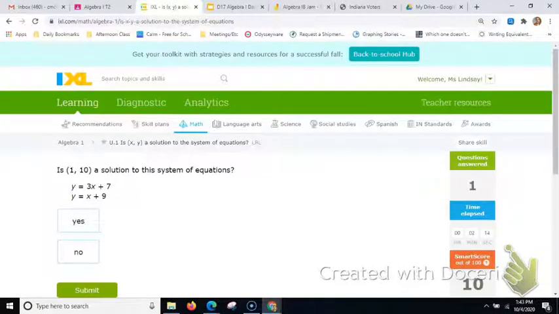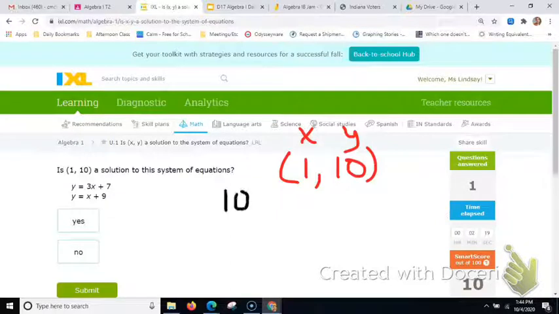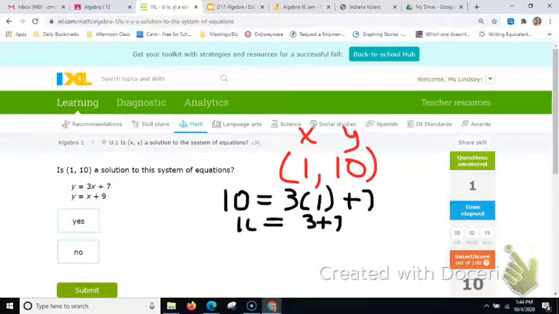So remember, when you look at an ordered pair, that it is always x and then y. So when it says (1, 10), this is x, this is y. So then 3 times 1 plus 7. That's 3 plus 7. That does equal 10. So, hooray. That one's right.